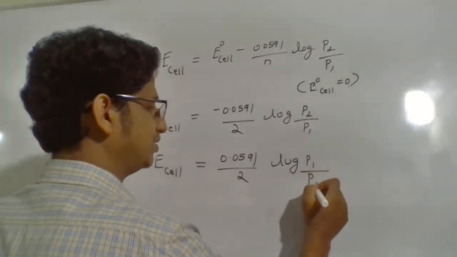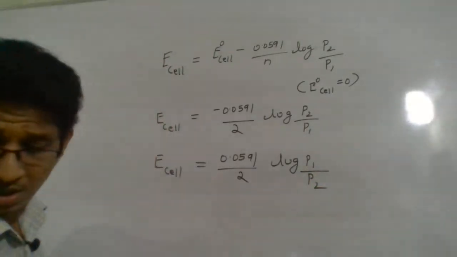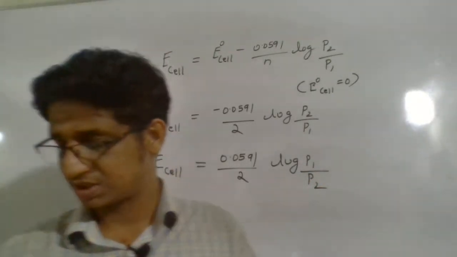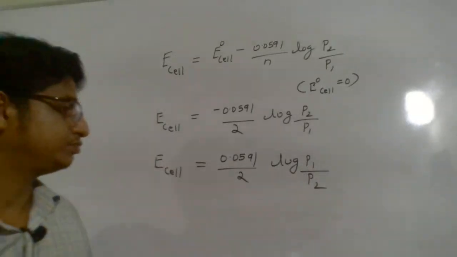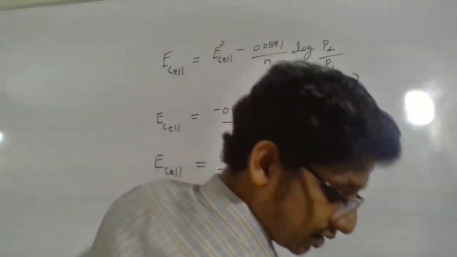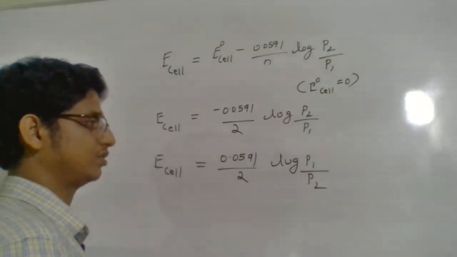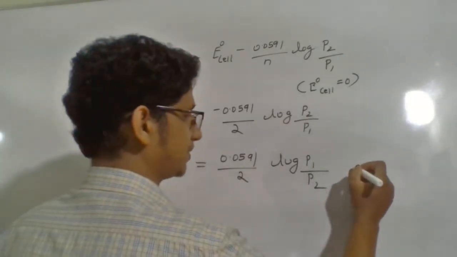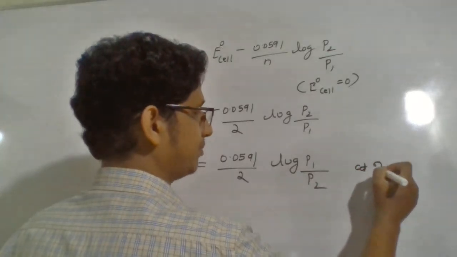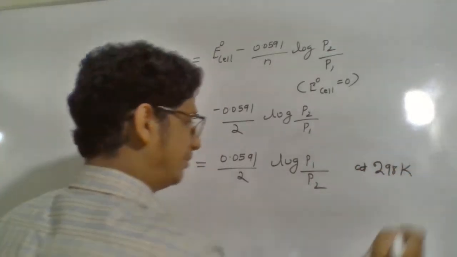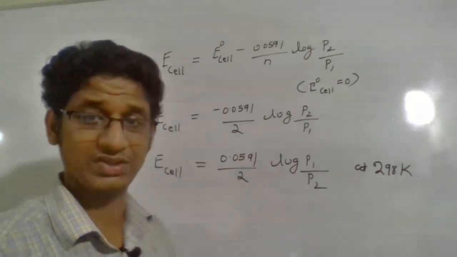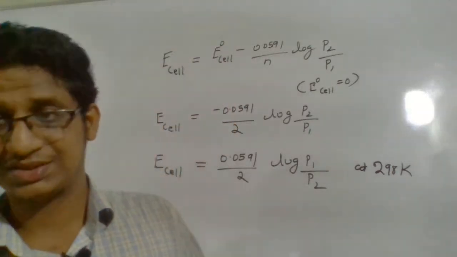So this will be the general equation that you can remember for a gas electrode concentration cell with different pressures of the gas at anode and cathode. We keep the temperature constant because we don't want the temperature to influence the cell reaction.